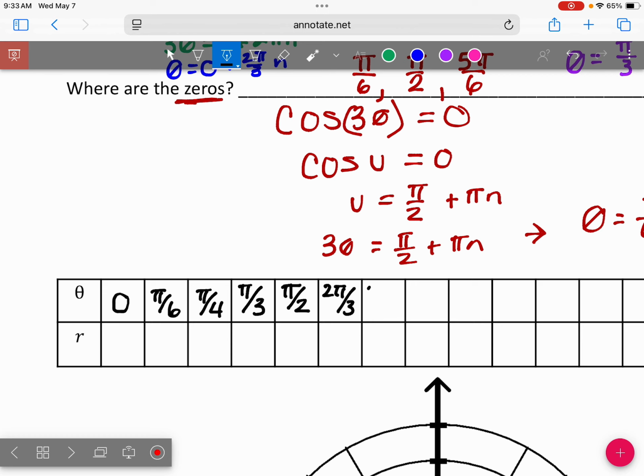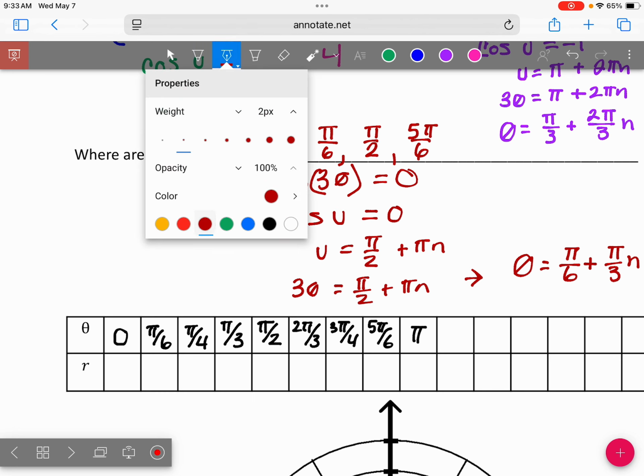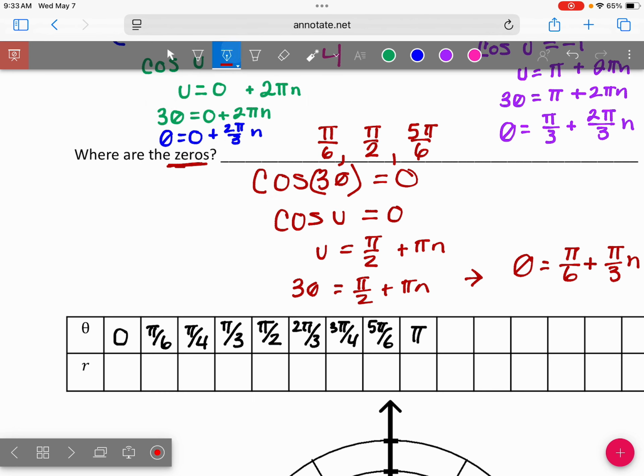That's totally fine. So filling in that top half, we know several of the values. I know pi over 6 is going to be a 0. I know pi over 2 is going to be a 0. I know 5 pi over 6 is going to be a 0.